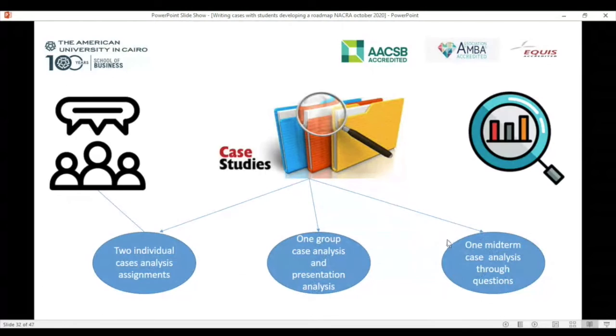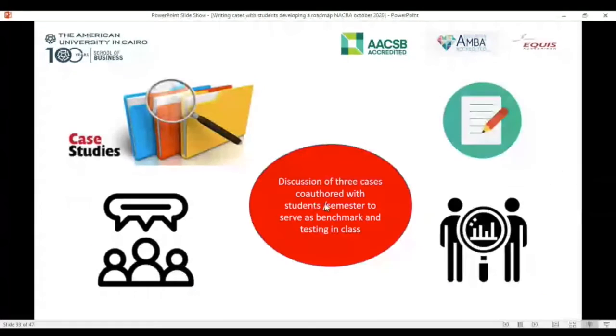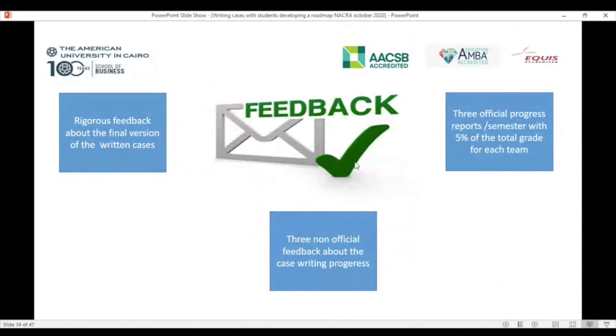This is really needed in order to prepare the students for the case writing. On the other hand, throughout the semester, we discuss 3 cases co-authored with students, and we have a benchmark, and we test the cases in class, at least 3 cases within each semester, according to the topic discussed.